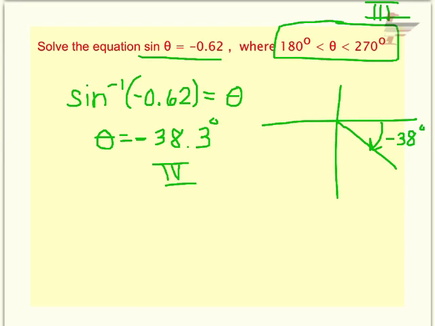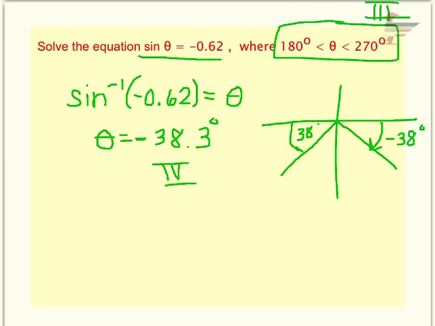Now think about sine. Sine is y. So I want this distance to be the same in the fourth quadrant as it should be in the third. So I'm going to draw that angle and make sure that this is 38 degrees also, because they have the same y or sine value. They're both negative. So I need to figure out how to get between 180 and 270 and land on that terminal side.